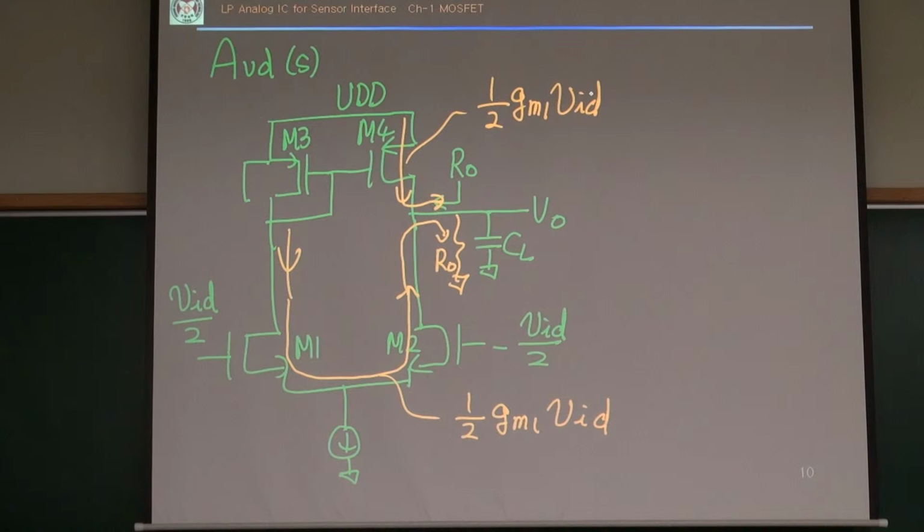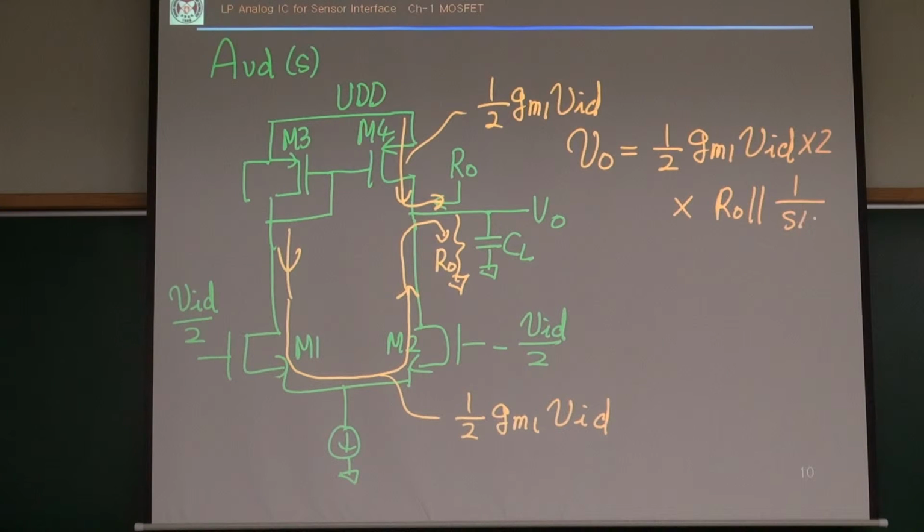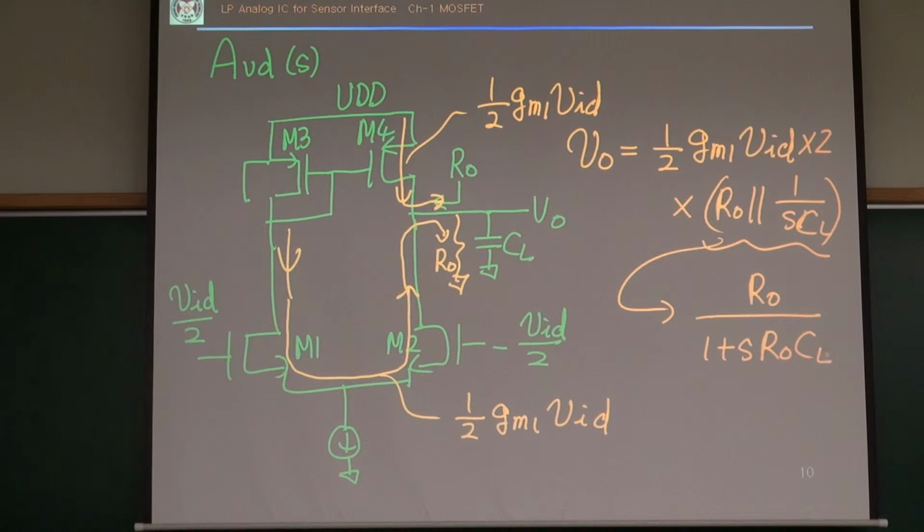So my VO is just two currents, half GM1 VID times 2 times the parallel connection of RO and CL. This can be written as RO over 1 plus S RO CL, that's the parallel connection. There is one more point here. There can be some capacitance here, which is C3.